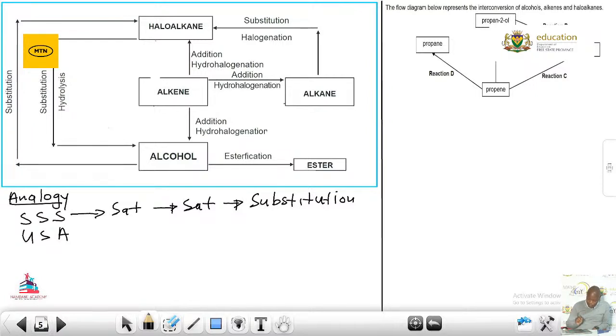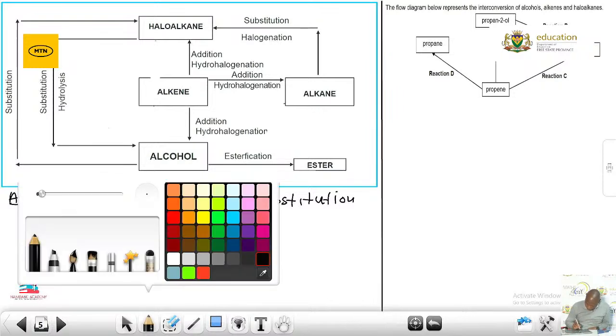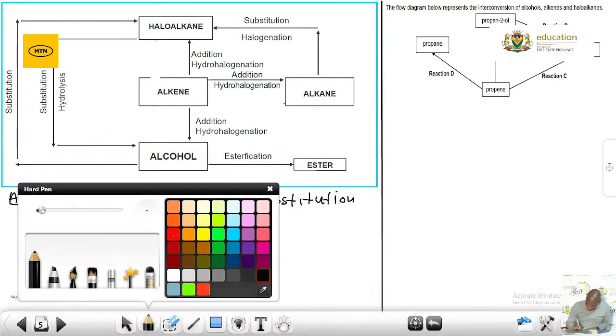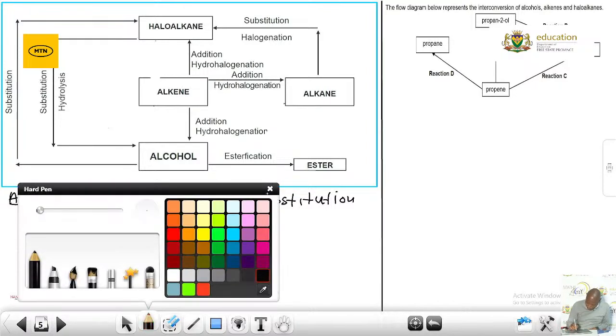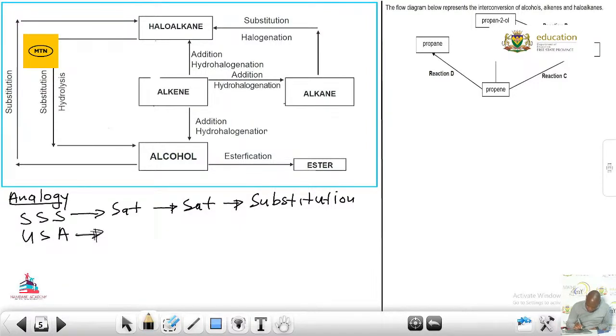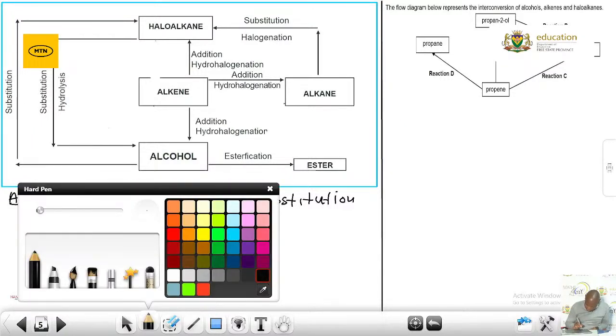Once that part of naming of structures is done and everything is correct, it becomes easy to know what we mean when we talk of saturated, and what I mean when I say I am looking for unsaturated. When I move from unsaturated to saturated, that reaction should be addition.